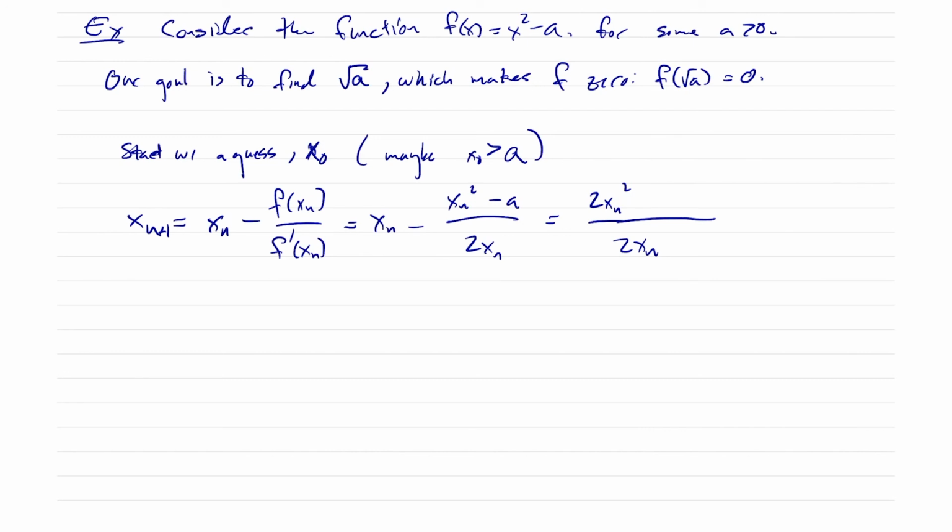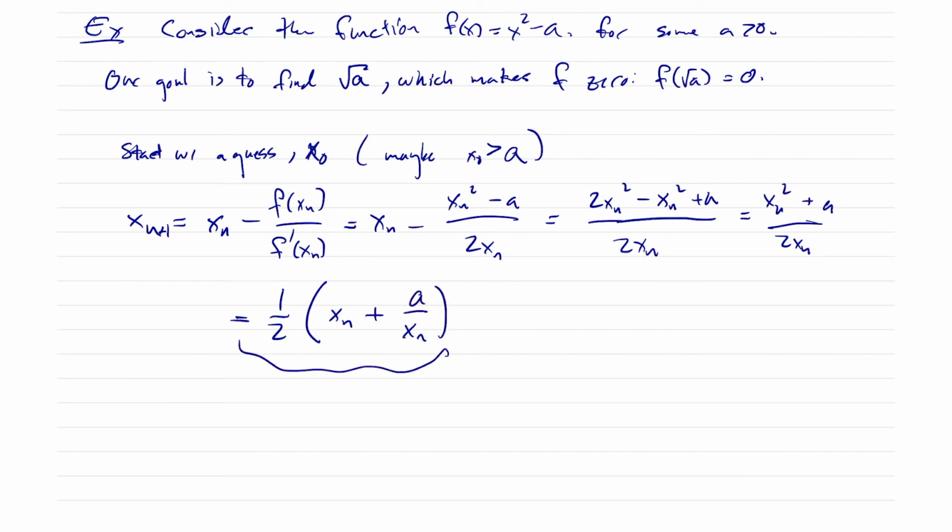And then we get minus x_n squared plus a, and that turns into x_n squared plus a divided by 2x_n, and if I pull out the 1/2 and divide each of these terms, I get 1/2 of x_n plus a over x_n.